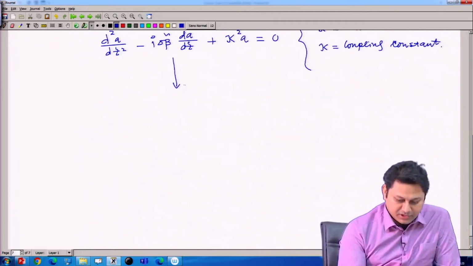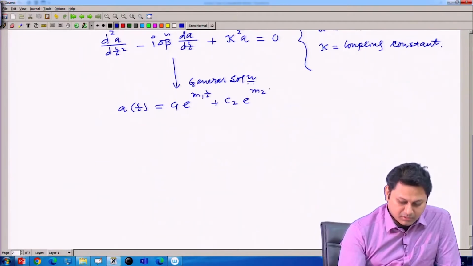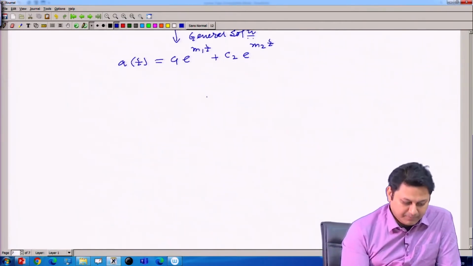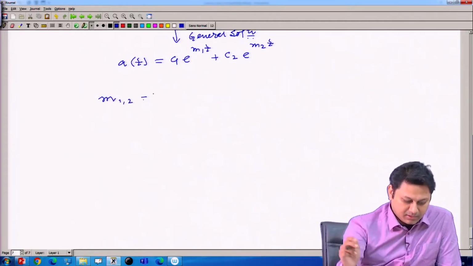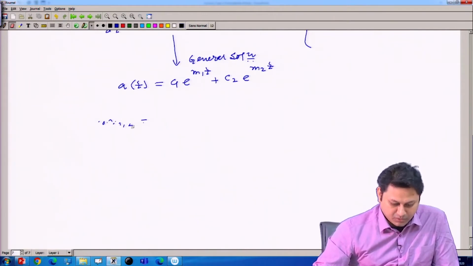So I can have a general solution for that, and for this kind of differential equation we know how to calculate the general solution. I can assume a general solution of the form, say, C1 e to the power of m1 z plus C2 e to the power of m2 z, and then I put this solution here to evaluate the value of m. Okay, let me do this step by step.